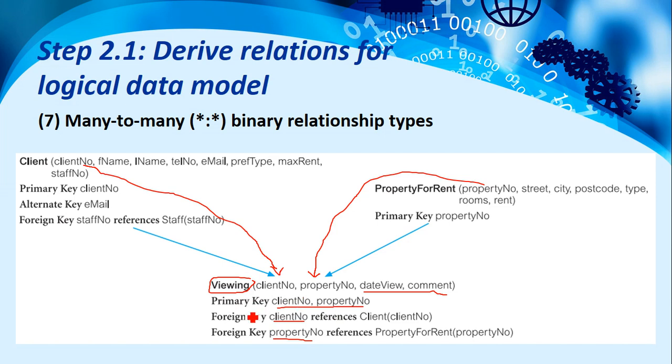So kaya we have here this additional statement primary key right here. So yan, this is how you're going to create or derive the new relation for this if in case na many to many yung binary relationship type.